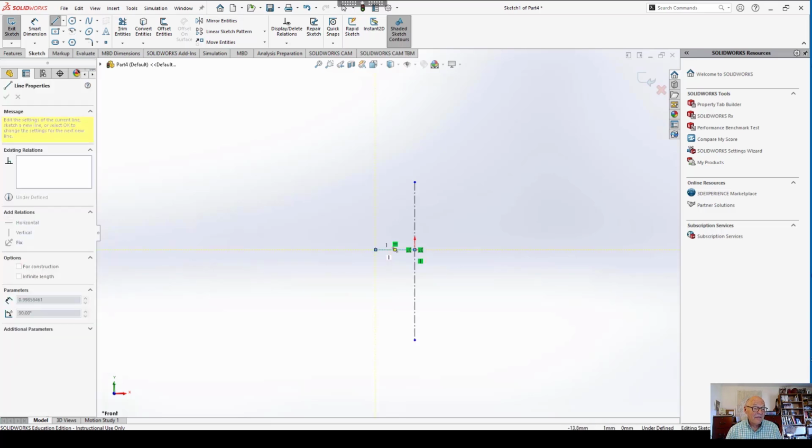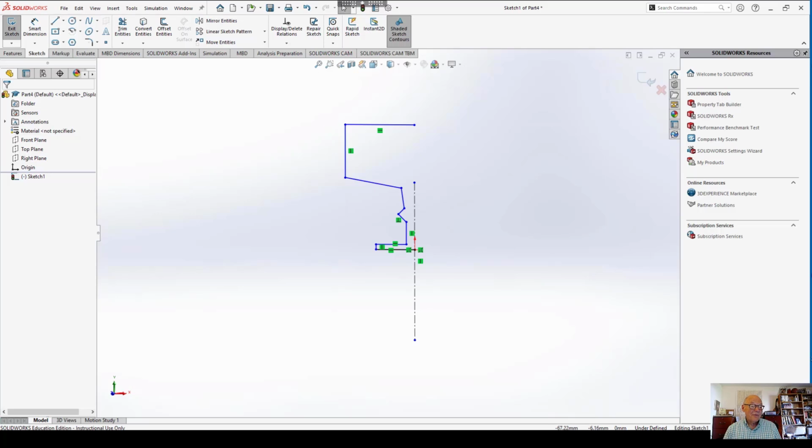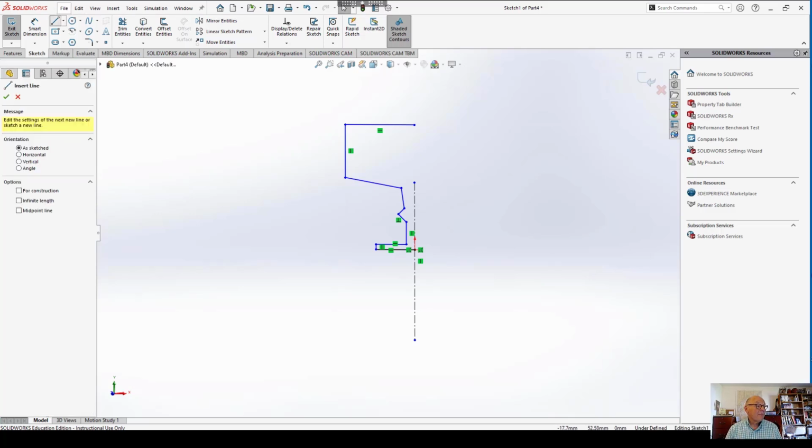I'm going to come out, come up, come over here like this, come up again, maybe come out and do a little something like that, come up again, come out to here, come up to here, and then go back to there. Alright, now what I'm going to do, and then I have to close it.